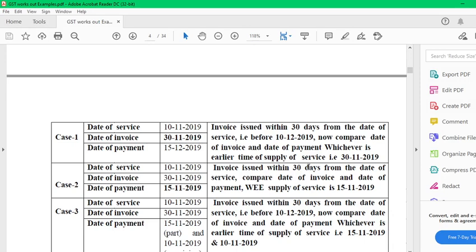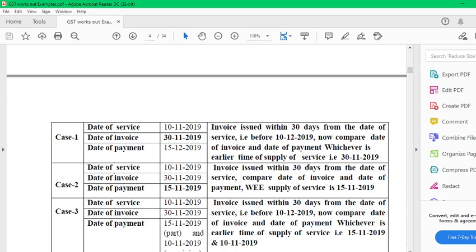Date of invoice is 30/11/19. Date of payment is 15/11/19. Once again, first compare the date of service and the date of invoice. Within 30 days, yes, so you should take into account the date of invoice. Date of invoice and date of payment you compare.